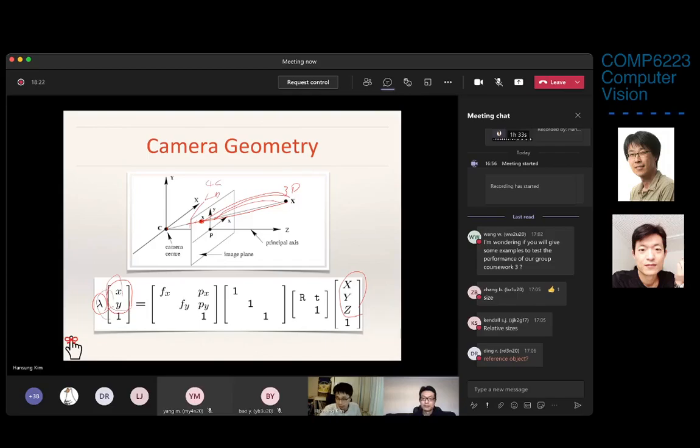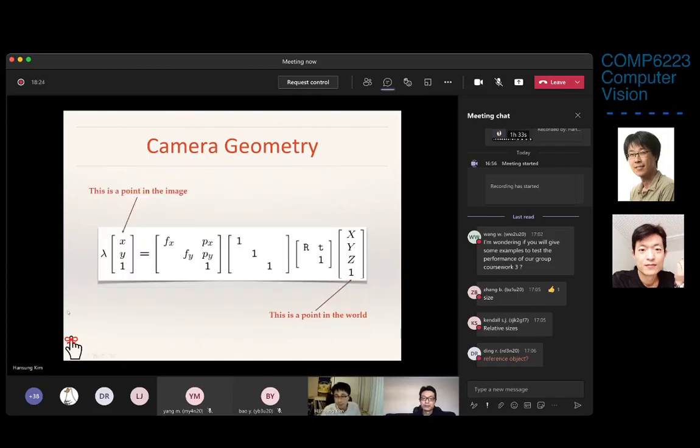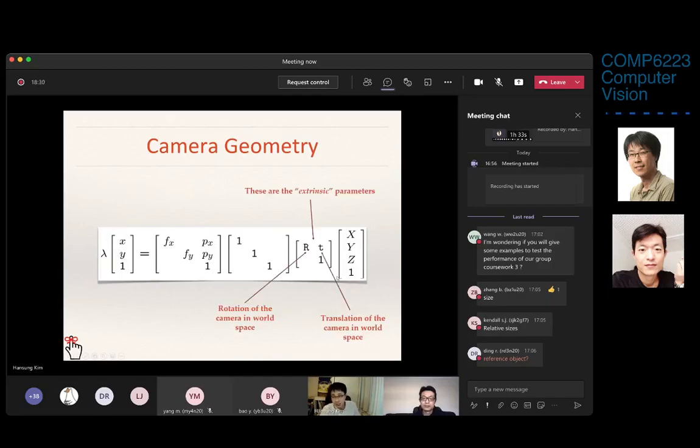So this lambda is a scale factor. This is a point in the image, x y, and this is the 3D point. This equation shows how this 3D point is projected to a 2D point by the extrinsic parameter and the intrinsic parameter.